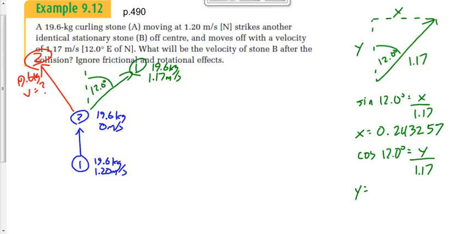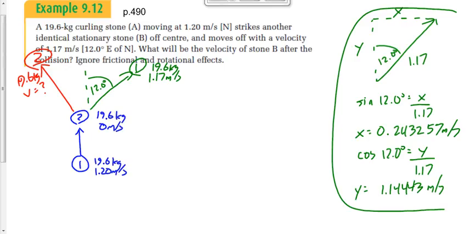Don't stop at two decimal places. What do we get for the Y component there? Kenneth, what did you get for the Y component? 1.144. Let's keep going. Okay, that's good enough.